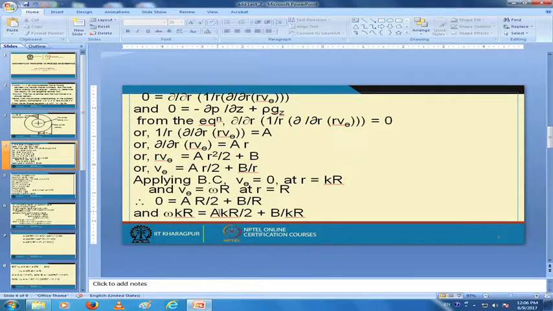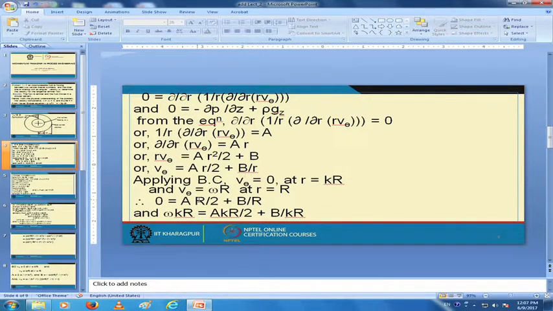Now, if we substitute them, then in the first one, 0 is equal to a into r by 2 plus b by r. This we have, V theta equals 0 at r is equal to kr.